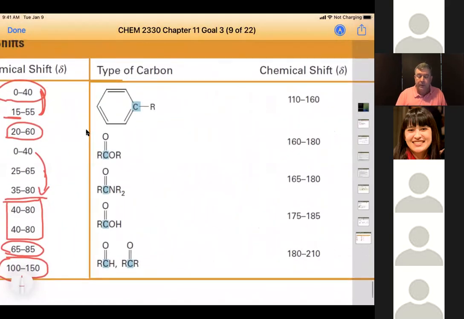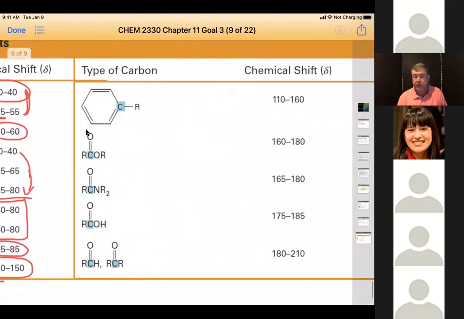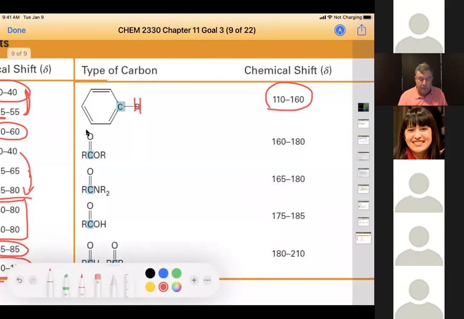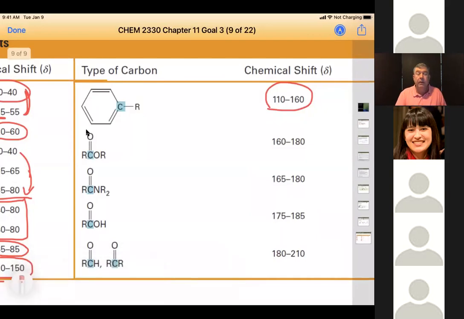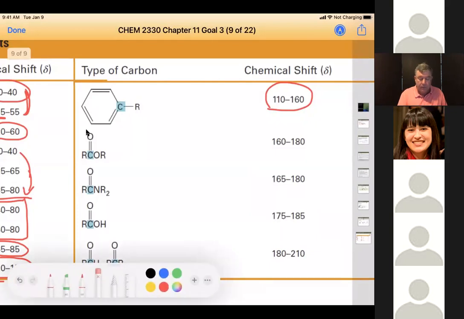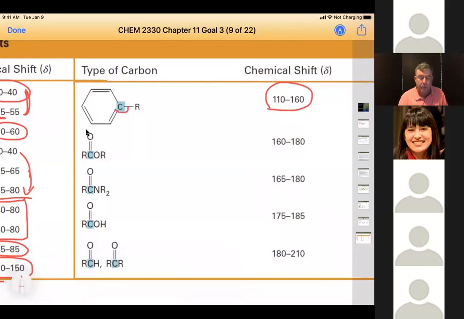When we get to benzene rings, we'll start to see peaks in here. And an interesting note: if R is H here, we have one type of carbon because of resonance. It's going around and around, so we'll only see one peak. But if you put a substitution on here, now we have different unique peaks, because we have the one carbon which has the substituent bonded to it.